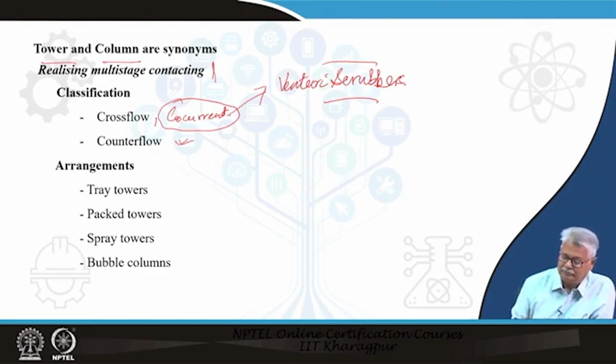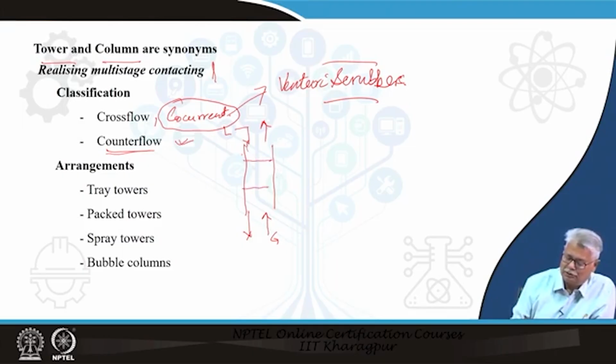Now, let us see. Ideally, my equipment should be a counter flow, because it is expected to generate a higher concentration gradient, and with that you get a higher mass transfer in the same equipment itself. We always have been drawing our contactor like this. You will have a gas flow, the gas goes out, you have a liquid flow, and the liquid falls down here. It could be packed, it could be trays.